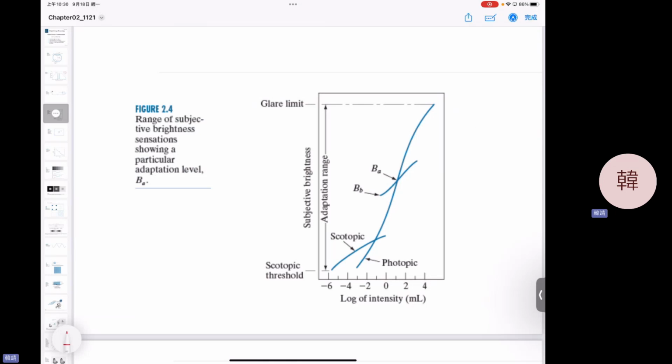And you observe the intensity simultaneously around your environment. Unfortunately, the answer is no. Even this solid line is for your photopic, it's a cone vision. The range is huge. Okay, this subjective brightness. Actually, you can observe different light intensity.